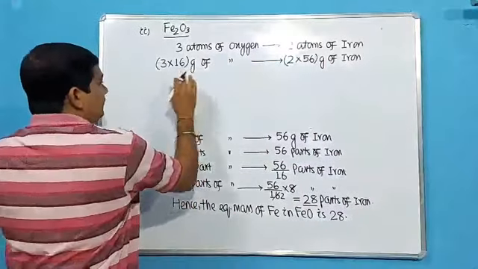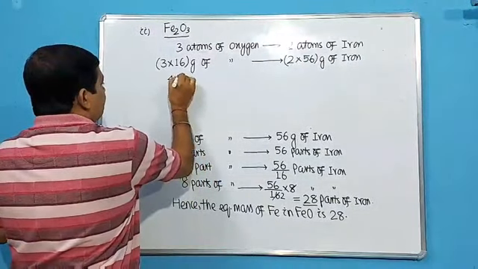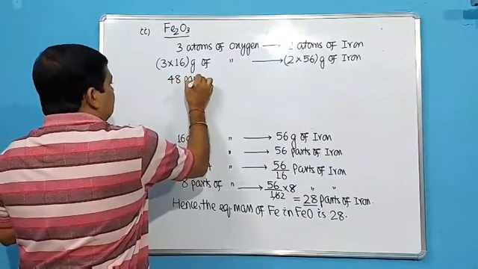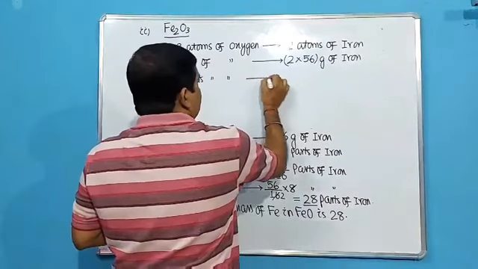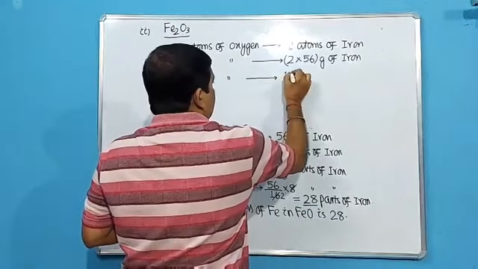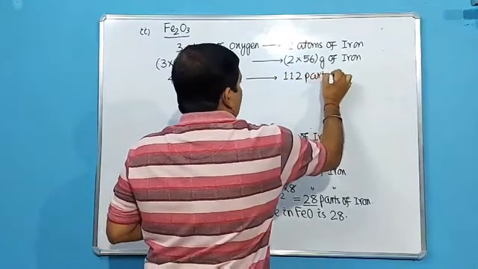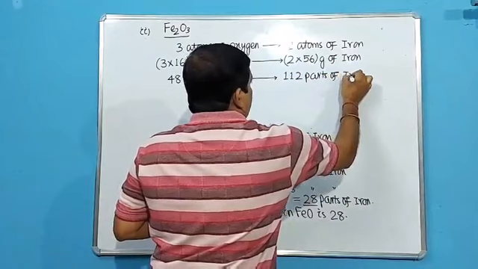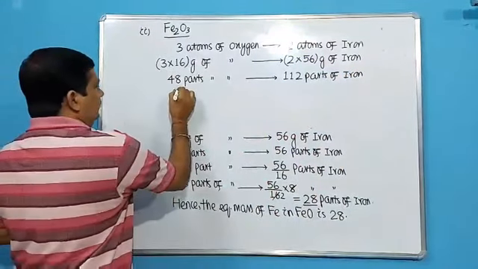That means we will convert gram into parts. 16 into 3, 48 parts of oxygen combines with 112 parts of iron. Then unitary method from 1.